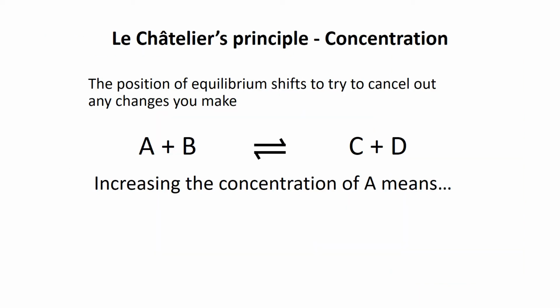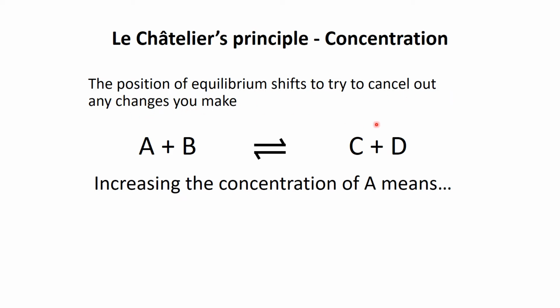Here is an equilibrium between A and B forming C and D. So at equilibrium, the rate at which C and D are formed, this forward arrow here, will be the same as the rate at which A and B are formed from C and D. And Le Châtelier's principle is the position of the equilibrium will shift to try and cancel out any changes that you make.